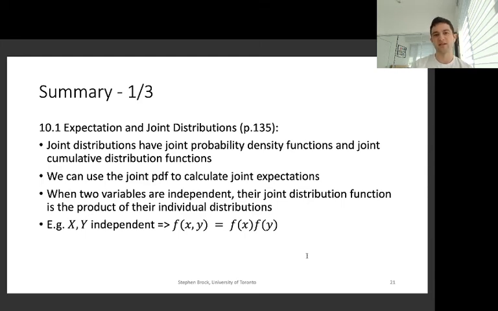We didn't talk about that today, but we can calculate those in the same manner by integrating over the joint probability density function. All right, so we can use the joint PDF to calculate joint expectations. We saw that when two variables are independent, their joint distribution function is the product of their individual distributions. In other words, the joint distribution is the product of the marginal distributions if the two variables are independent.